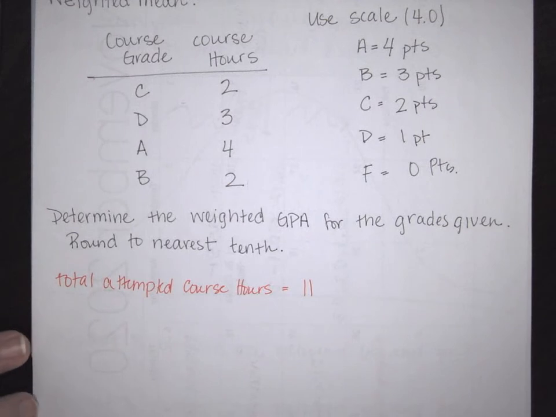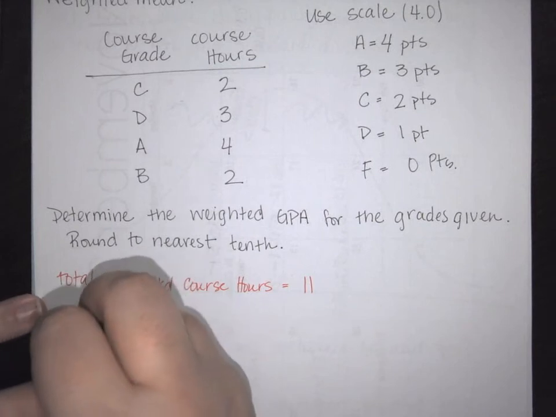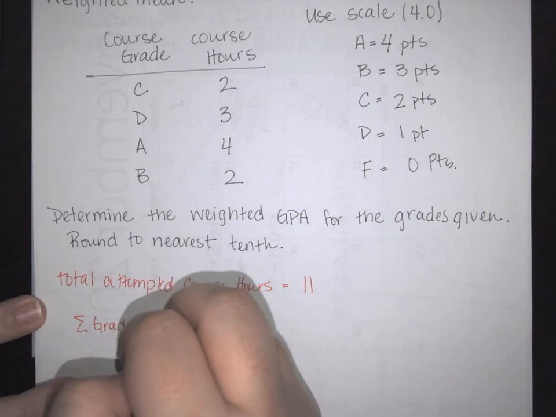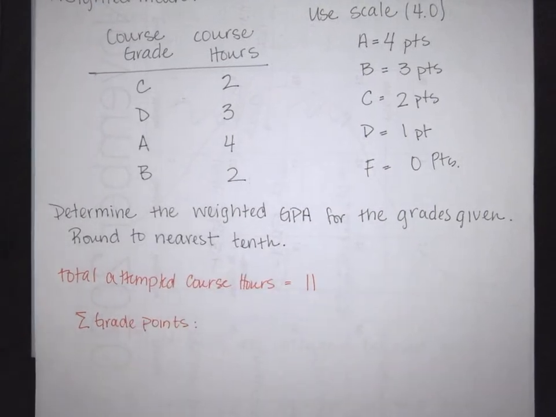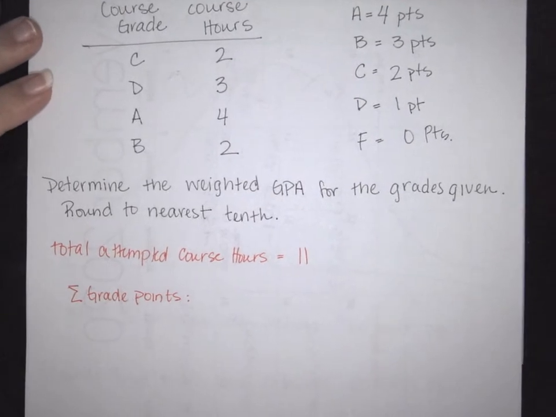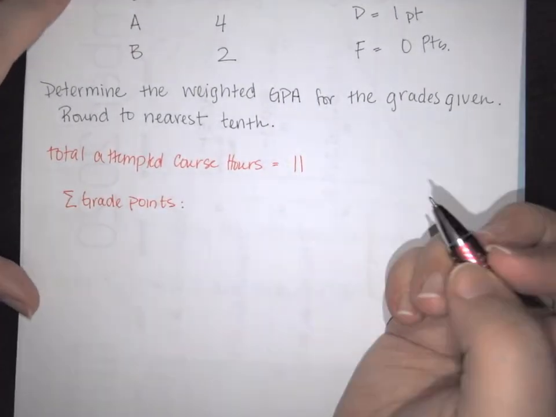Now the next thing you need to do is figure out your grade points. So we're going to sum your grade points. We're going to look at each of your grades, and the way that I like to set it up is very easy. I like to make myself a table.